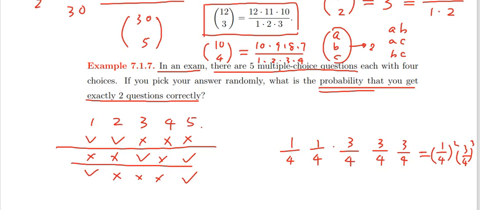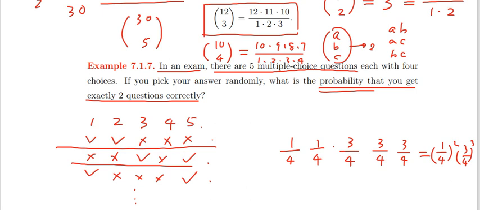We just care about how many questions you answer correctly. We just focus on answering 2 questions correctly, and which 2 we don't care. So we need to check all cases, like this one or this one or this one.